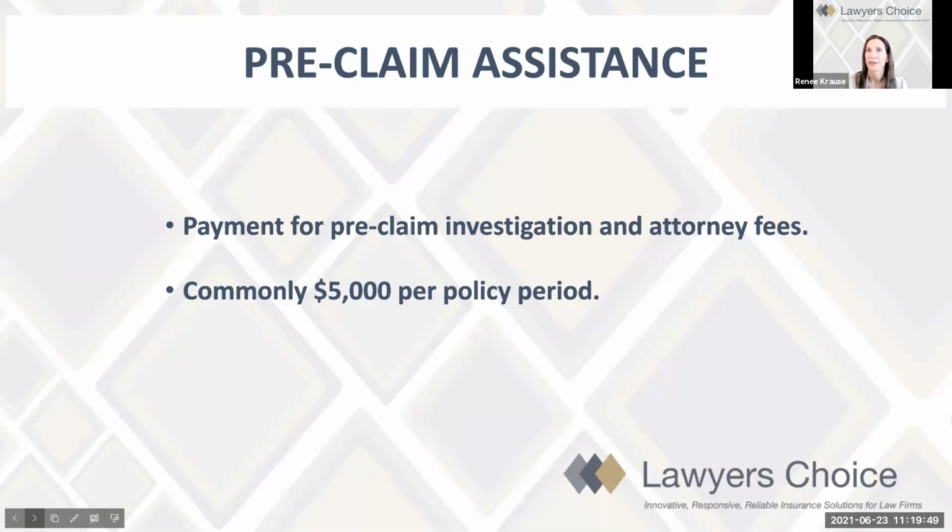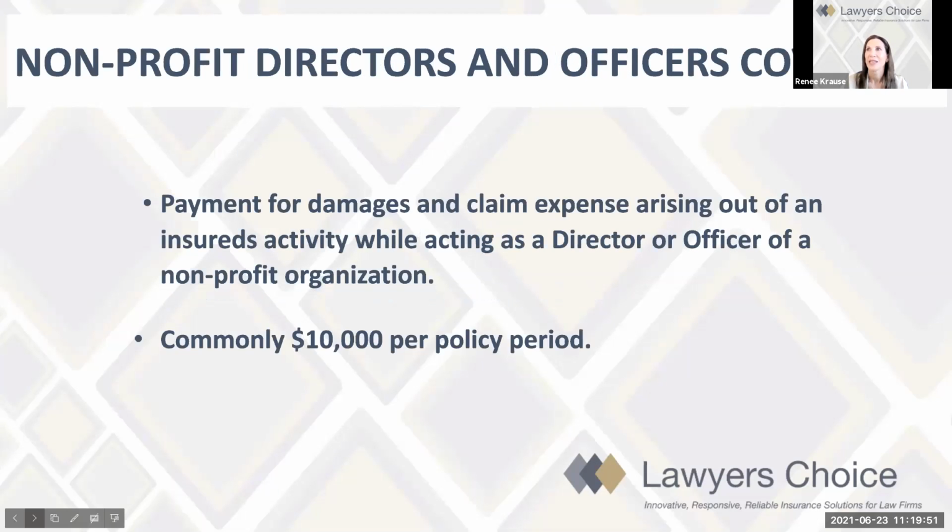So, okay, next one. A nonprofit directors and officers coverage. This is a good one. It's pretty common in most policies. And this is nice because a lot of attorneys in firms serve on nonprofit boards, and it's nice to have a little coverage built into the LPL policy for them to take advantage of in the event of some sort of an assertion, allegation, claim made because of their activity on the board.